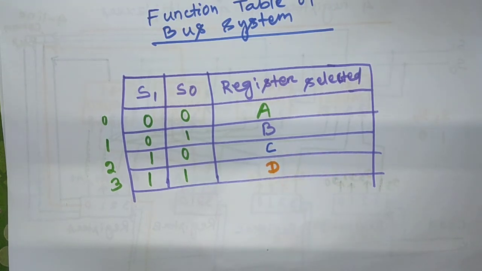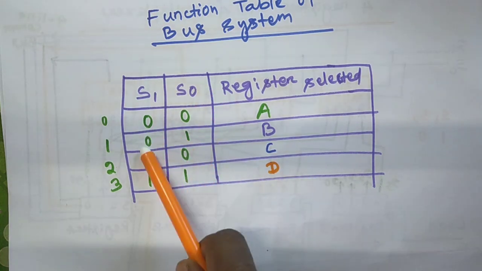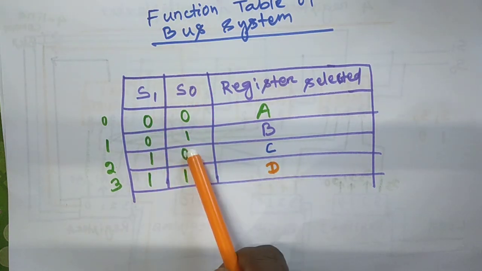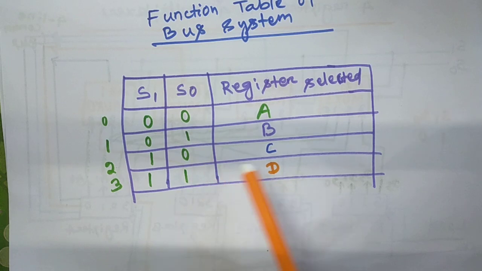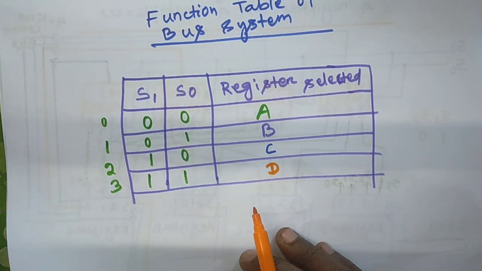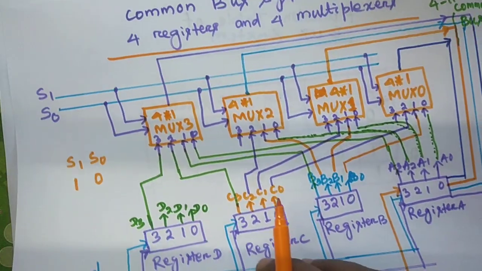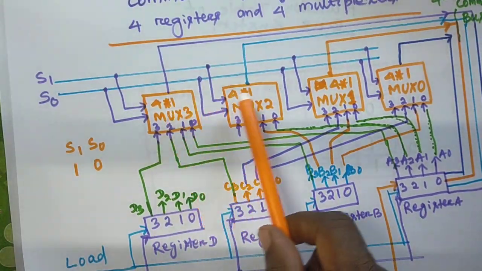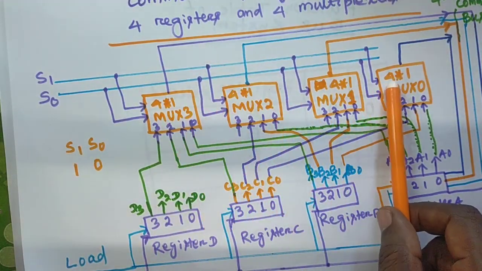Whenever the selectors choose the bit information by S1 is 1 and S0 is 0, automatically the C register data loads or transfers data to these 4 multiplexers.